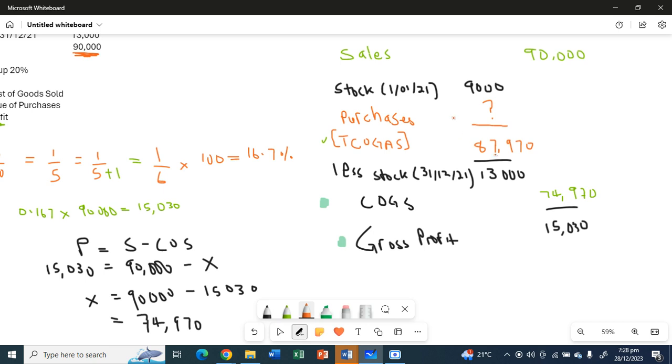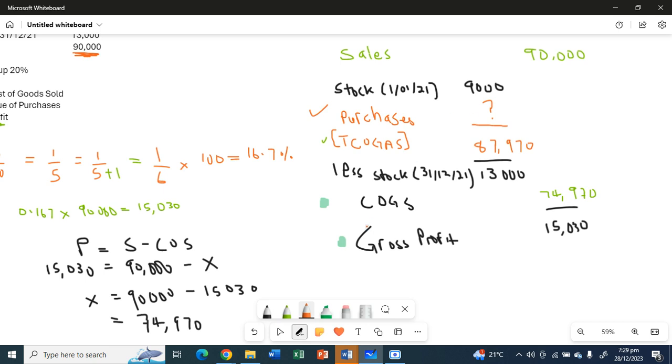So finally, we can tabulate our value for purchases. Remember that opening stock plus purchases gives you your total cost of goods available for sale. So in order to get your purchases, you just have to deduct opening stock from the total cost of goods available for sale. So you're going to say 87,970 minus the opening stock of 9,000.